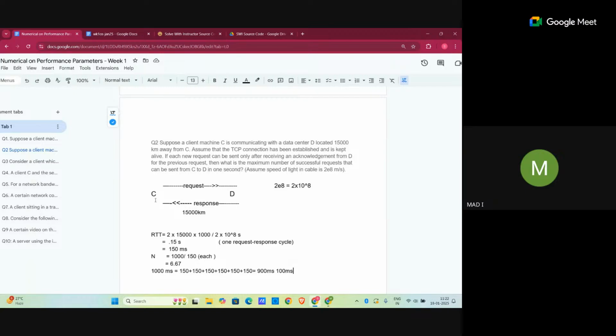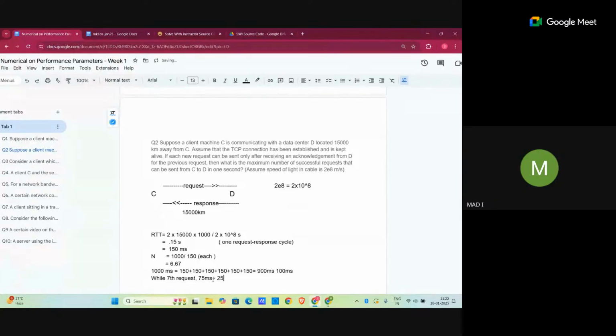Now the request will go from C to D, like from the client to the server. While we make the seventh request, it will take 75 milliseconds, right? Here the round trip time is 150, so for the request the time will be half of it, which is 75 milliseconds. So now we are left with how much time?